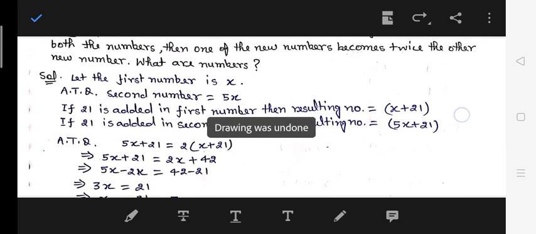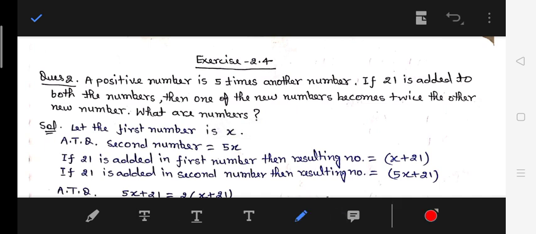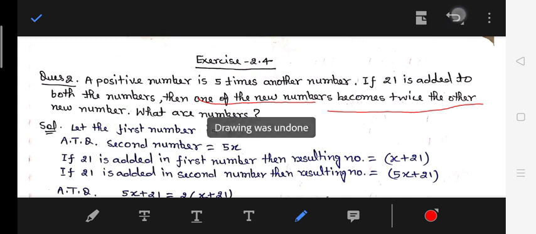Now in the question it is given that after adding 21, one of the new numbers becomes twice the other new number. It means after adding 21, one number will be 2 times the other number.